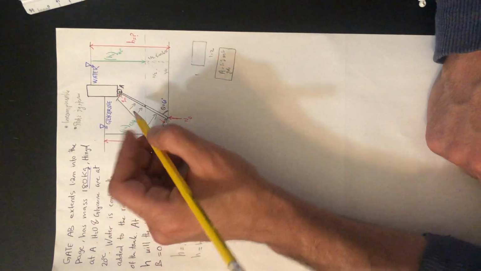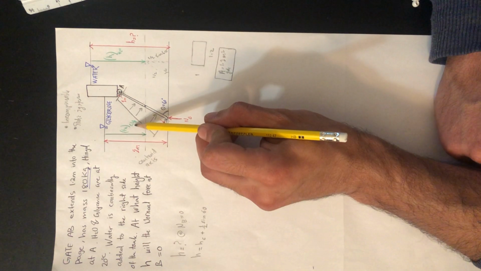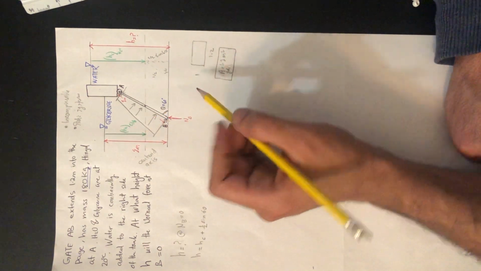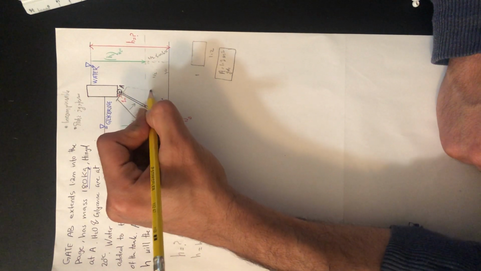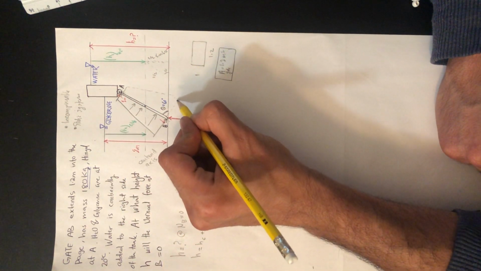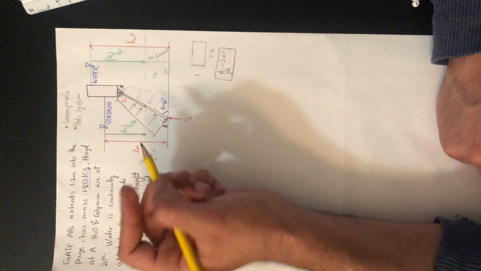We would also have a pressure distribution caused by the water, and this is caused by the glycerin. We'd also have a similar shape because pressure increases as depth increases.